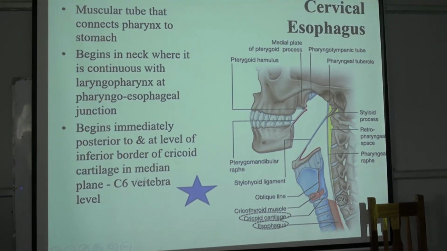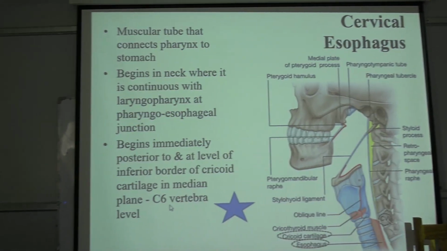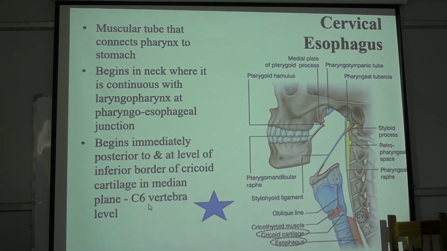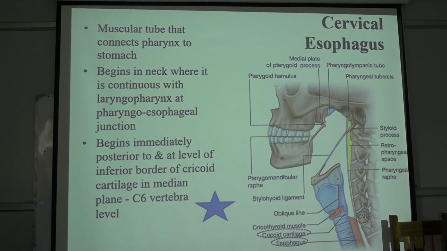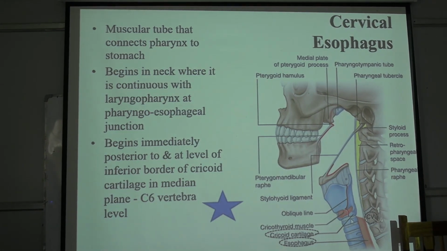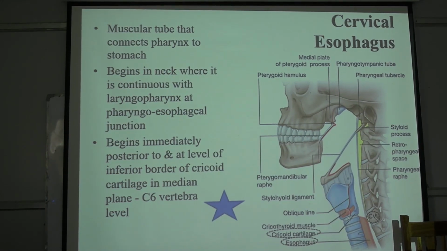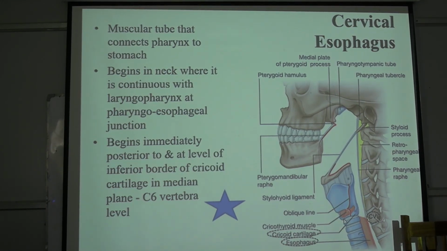You have to know the beginning of the esophagus, which is at the level of the inferior border of the cricoid cartilage, at the level of vertebra C6. You have to remember this. It begins at the end of the pharynx, where we have this ring-shaped cartilage, the cricoid cartilage.